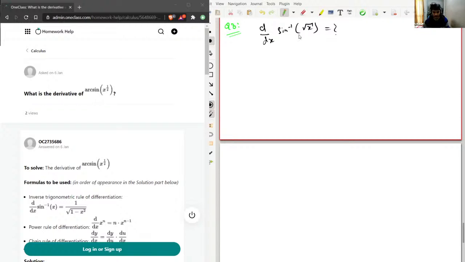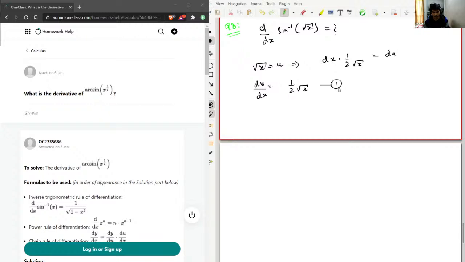So we'll find this derivative using the substitution method. First we'll substitute square root of x as u, then I'll differentiate on both sides, so I'll get du equal to 1 over 2 square root of x dx, and so du over dx will be half of square root of x.